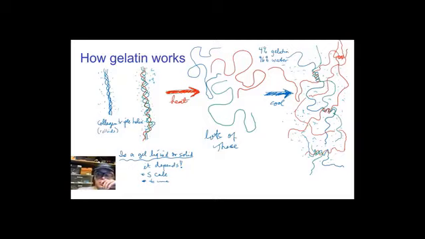Suppose we did it just like that. The water molecules are going almost as fast as they did before the gelatin was there, almost as fast as pure water. To the water molecules, it looks like a liquid.